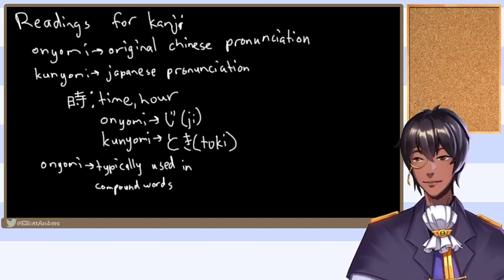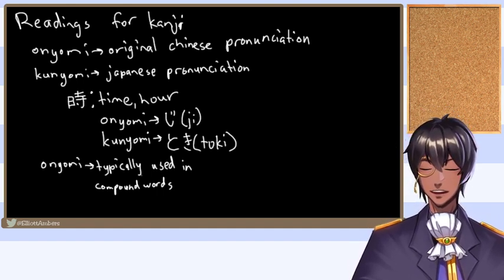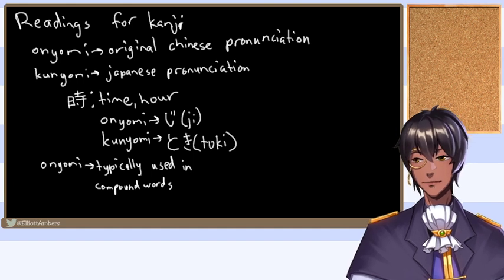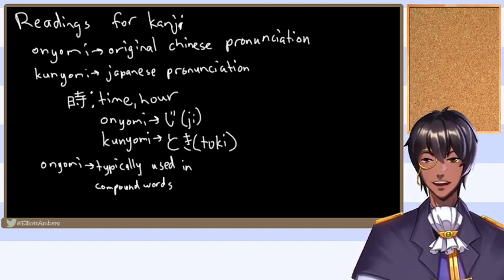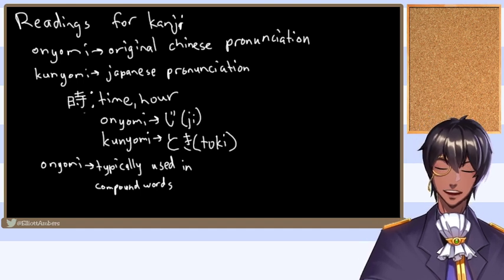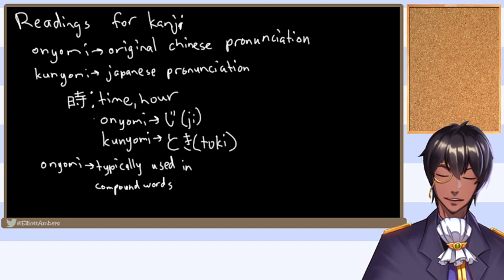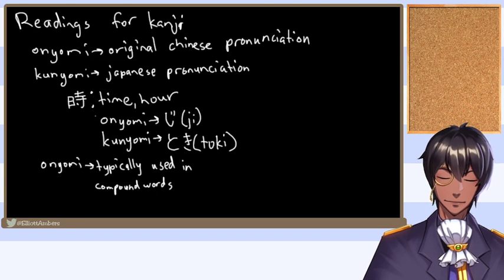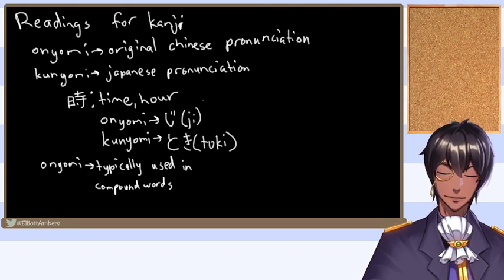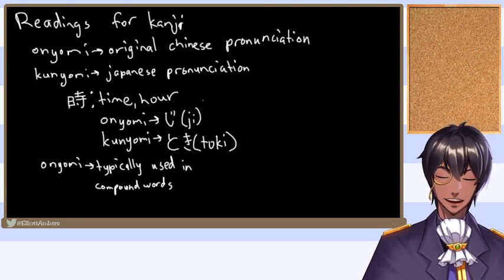When you combine two kanji together and make a new word from those two kanji, you'll typically be using the onyomi reading for that. For example, the character for time matched along with the character for... what is this? Time and... wait, I wrote these in my book, but I didn't actually write the readings for this, and now I'm not sure. We'll do this one.